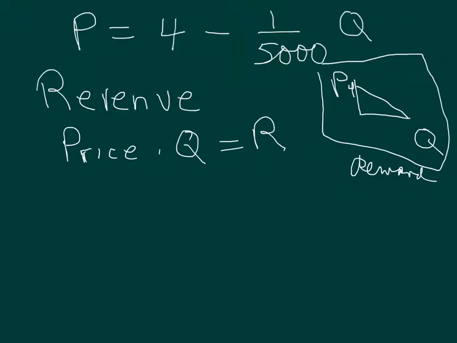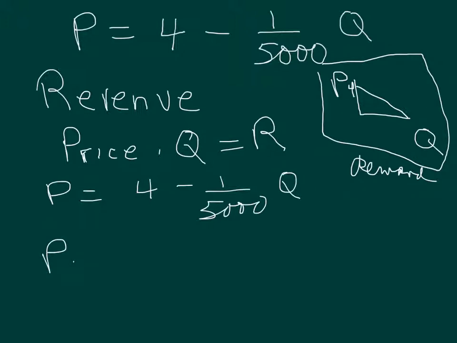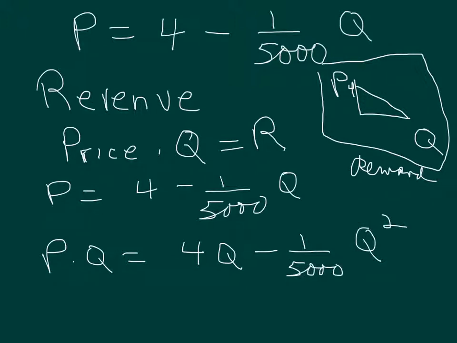So if I know that my price equals 4 minus 1 over 5,000 Q, then price times quantity will equal 4Q minus 1 over 5,000 Q squared. Price times quantity equals revenue.